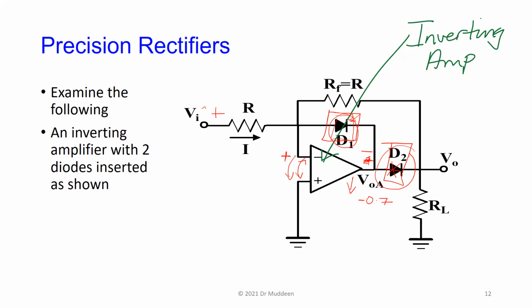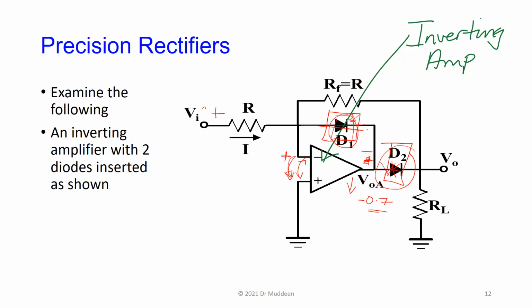Because the op-amp is trying to keep here at zero, in order to keep the diode going, the op-amp drops here to just about 0.7 volts and keeps the diode on. And then as far as that is concerned now, you could treat this as a short circuit and this as an open circuit. All right?